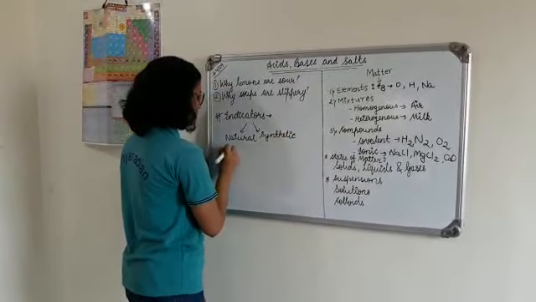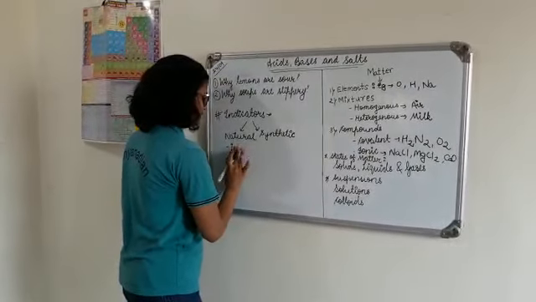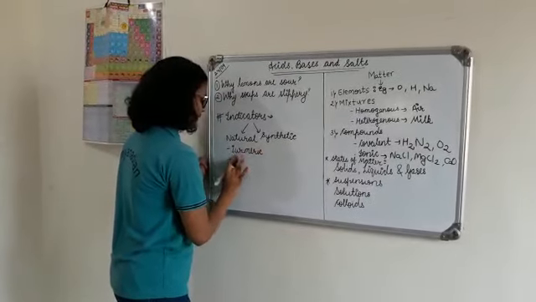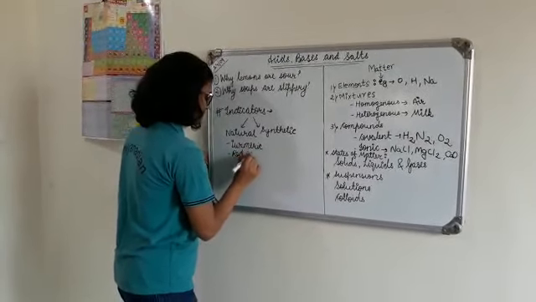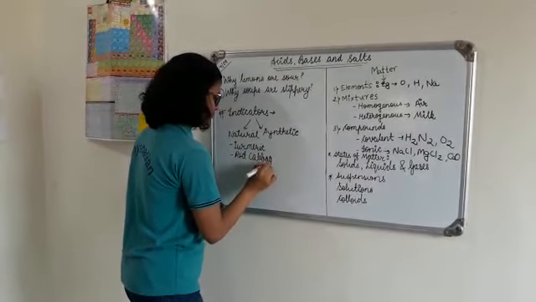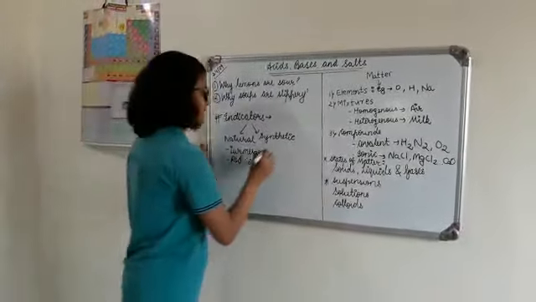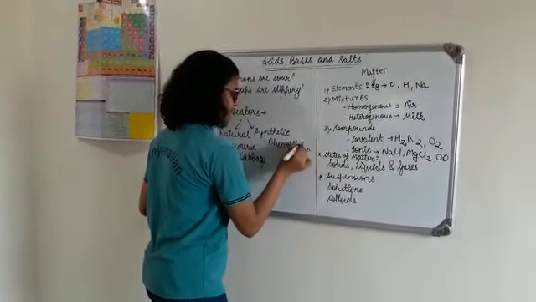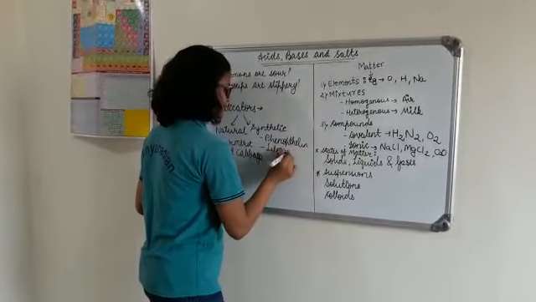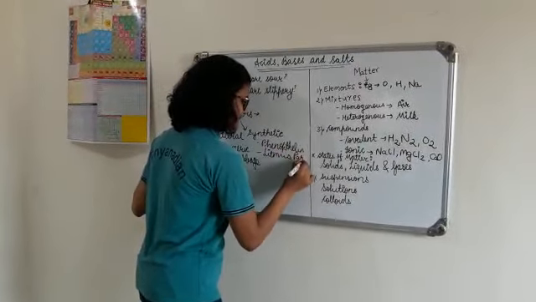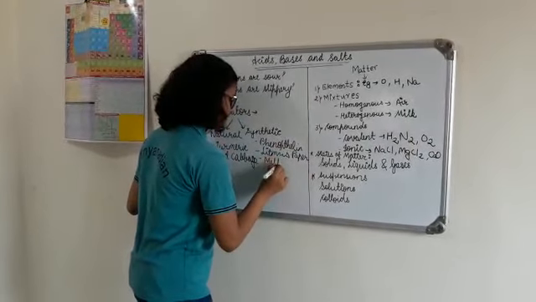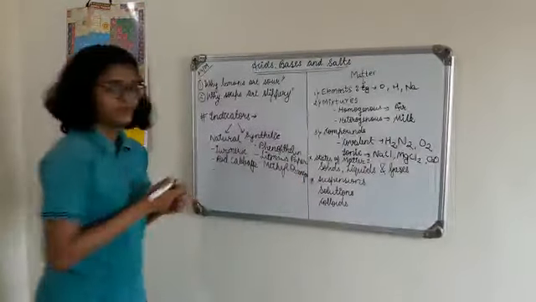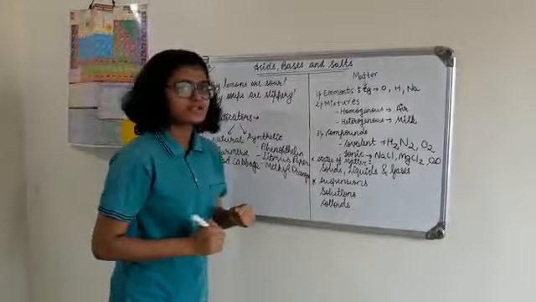In natural, we have turmeric, then red cabbage, and in synthetic indicators there are phenolphthalein, litmus paper, methyl orange, and many more.